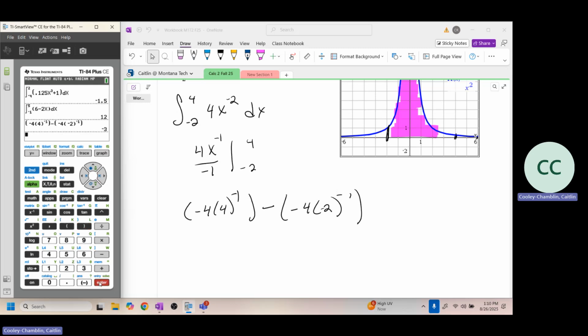I type this in my calculator and hit enter, and I get -3.